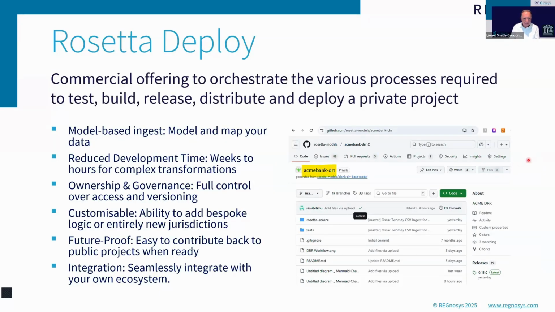Rosetta Deploy is the capability to have your own environment. So we've been looking at Acme Bank as a sample bank environment where Acme is modeling and mapping their own data. If you would like to work with us to do that for you, we would effectively create your bank and give you those features that are exclusively and private to your bank. And that's backed up by a repository such as the one shown here, where all of the modeling and mapping code is stored.